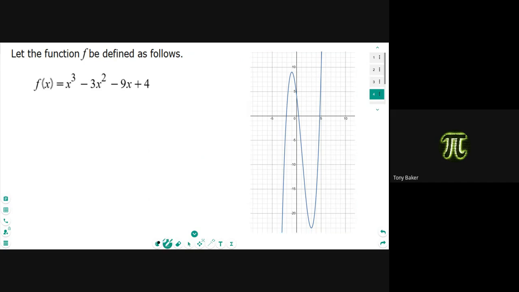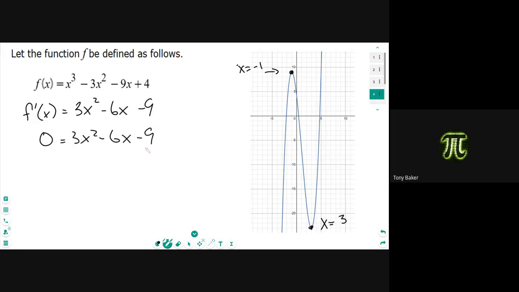What's the derivative? Good. So here's my graph. So let's factor the derivative and find my zeros. Because based on Fermat's theorem, those two points should be 0. So 0 equals 3x squared minus 6x minus 9. Those two should be zeros.